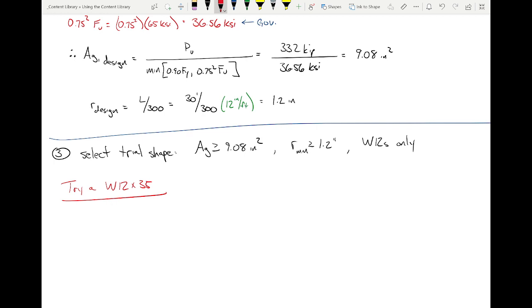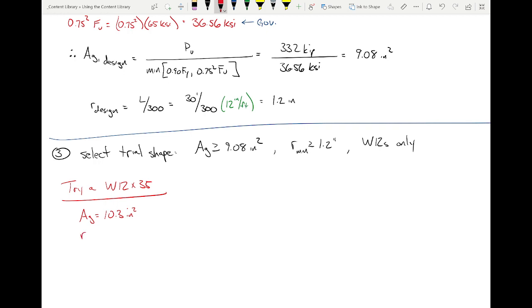Now, we're going to need some properties. First off, what is the Ag? So that meets the first requirement. The second one, now what's the smaller of the r values? rx or ry? ry.